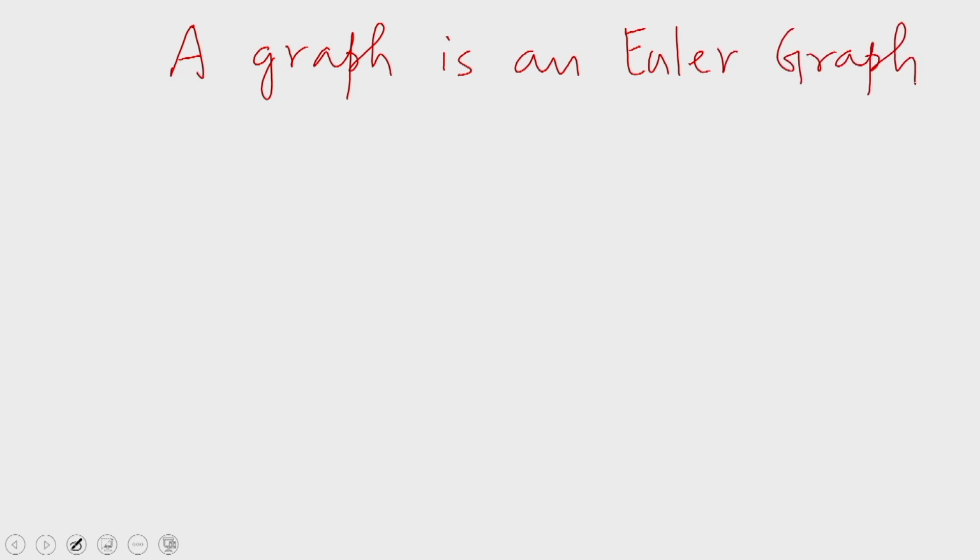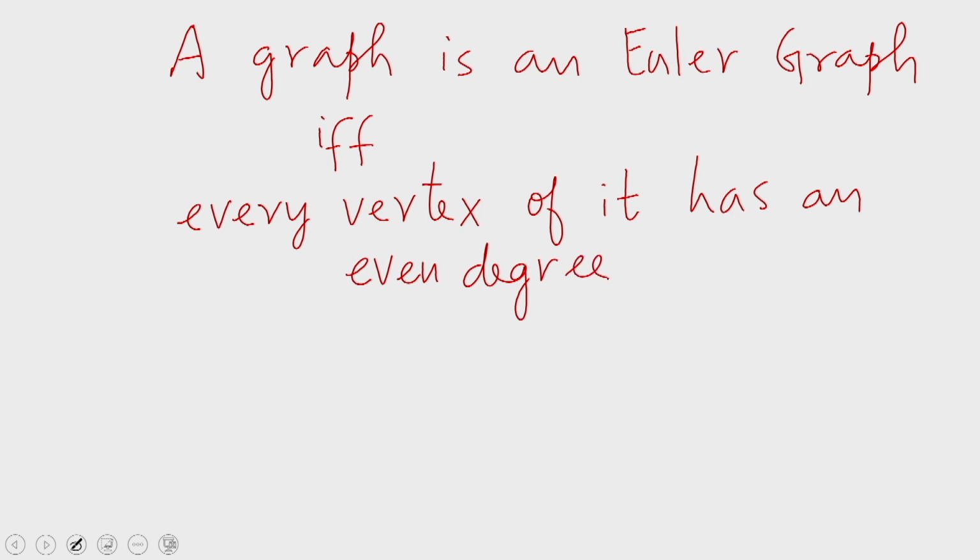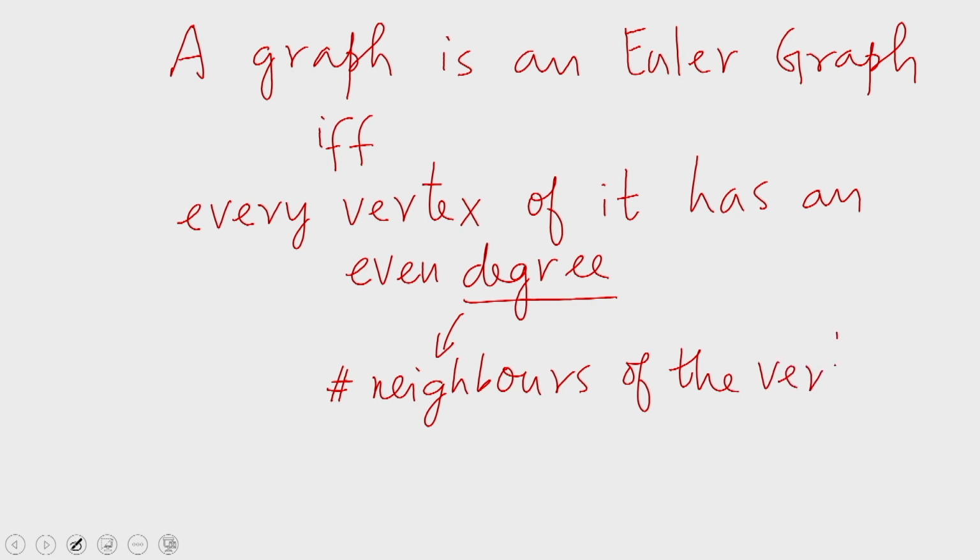A graph is an Euler graph, or it has an Euler circuit, precisely when every vertex of it has an even degree, where the degree of a vertex is the number of neighbors the vertex has, which is the same as the number of edges incident with the vertex.